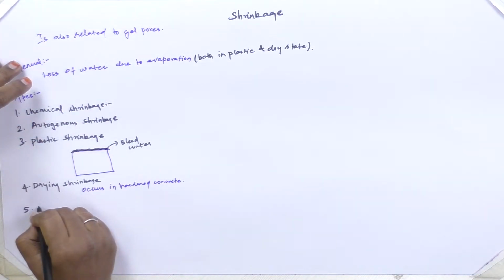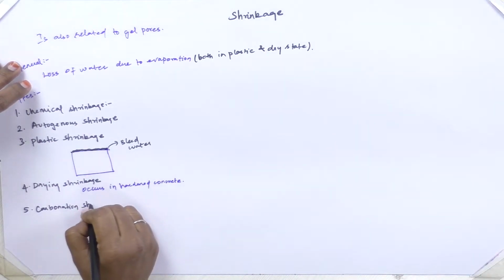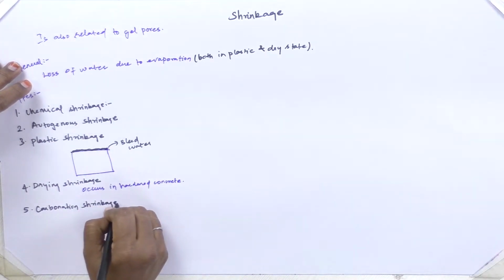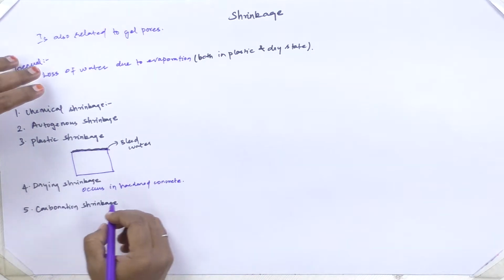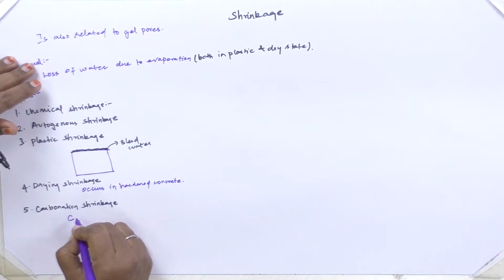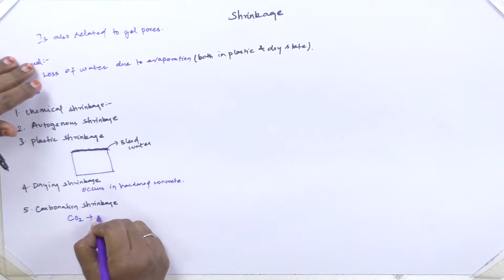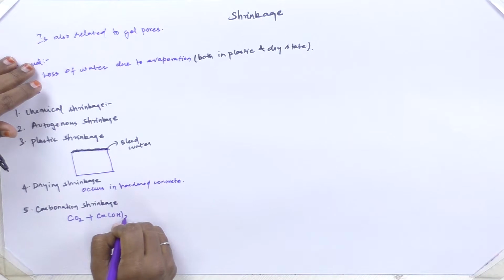And the last one is carbonation shrinkage. This carbonation shrinkage will form because of the atmospheric carbon dioxide reacting with calcium hydroxide.